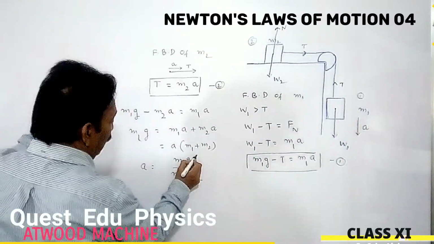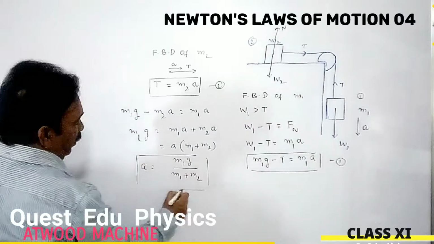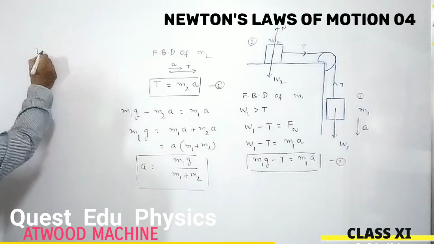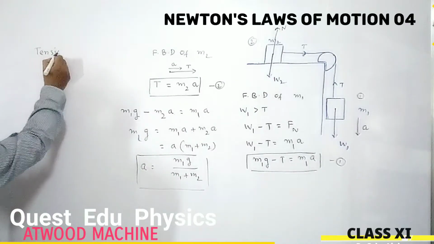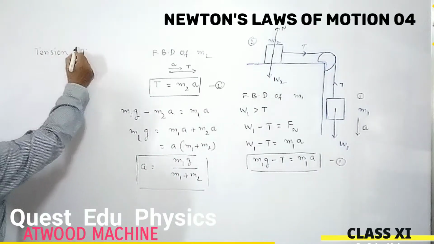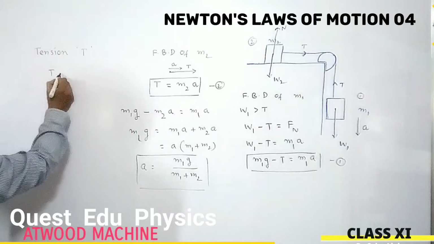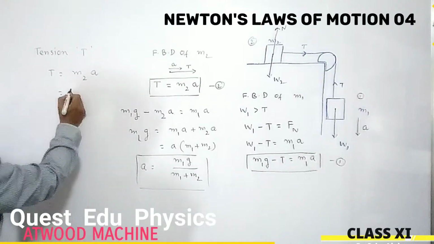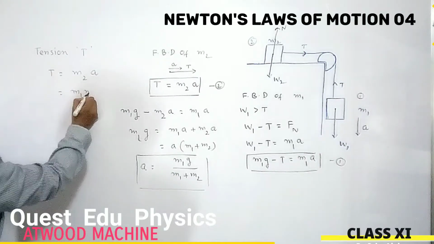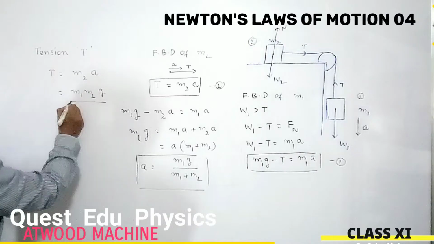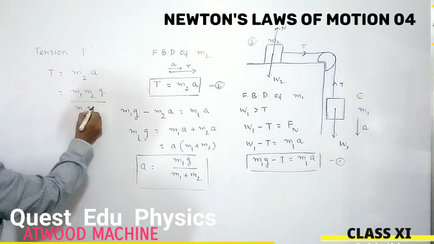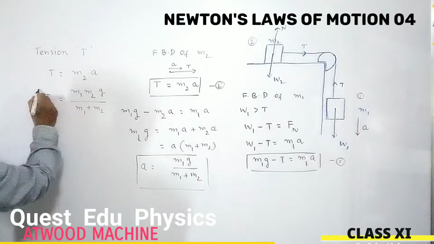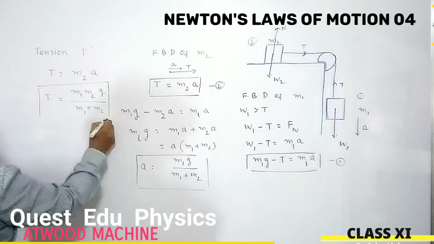Acceleration A is equal to M1G by M1 plus M2. Similarly, we can find the tension in the string. Tension T, as you know that T is equal to M2A and it is M1 M2G by M1 plus M2, is the tension produced in the string.